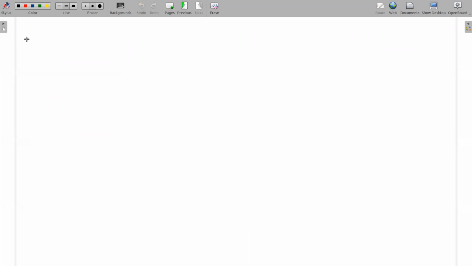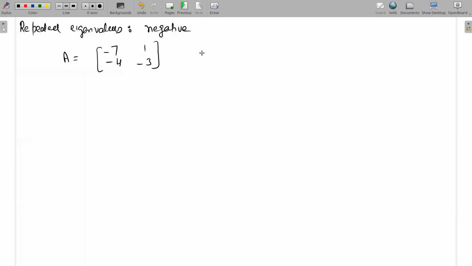Next example, now I'm going to take repeated eigenvalues, and they can be negative or they can be positive. So I'm taking the matrix [-7, -4; 1, -3].